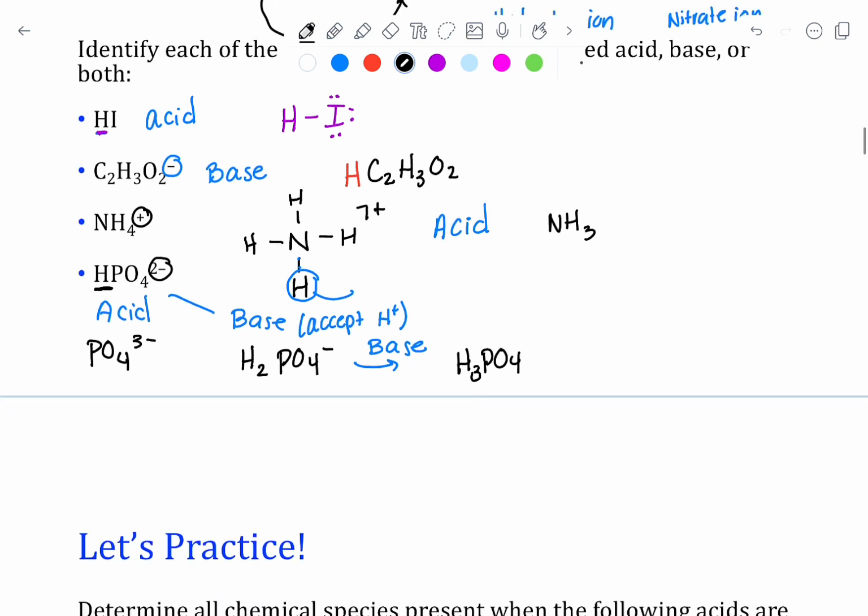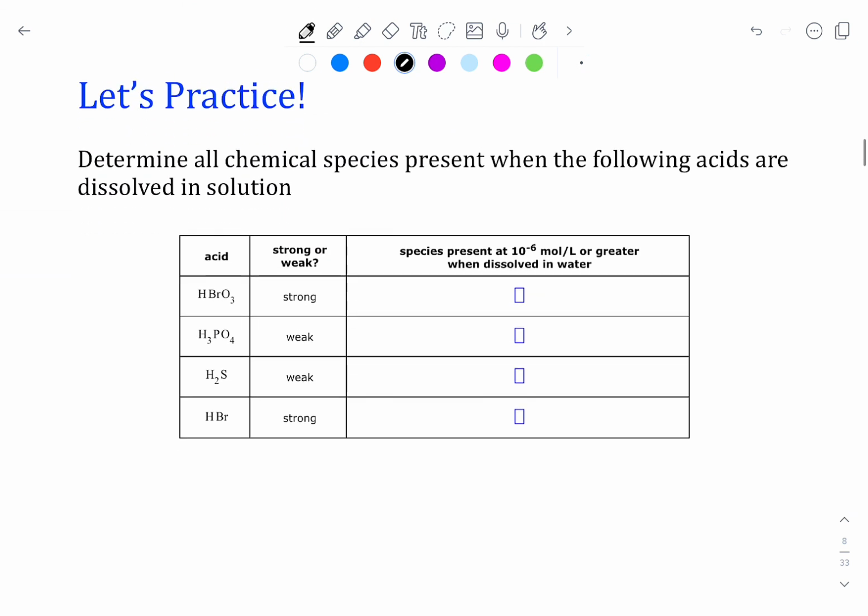Let's do some additional practice. This one comes from your ALEKS homework. Determine all chemical species present when the following acids are dissolved in solution. So here we're given the formulas of the acids, as well as if they are a strong acid or a weak acid.